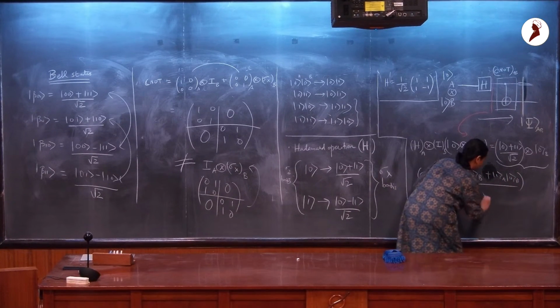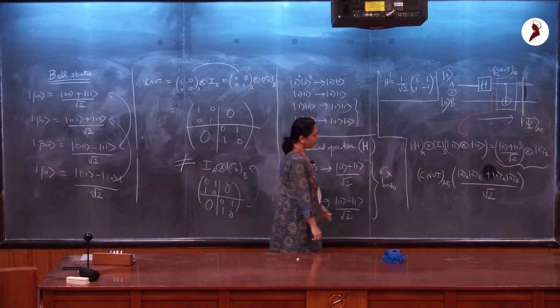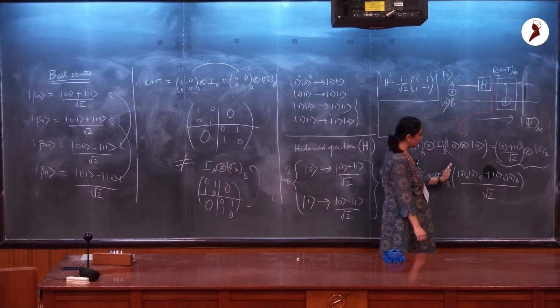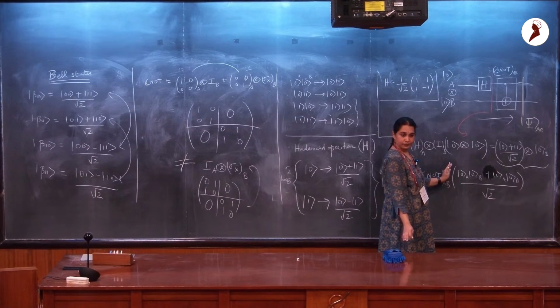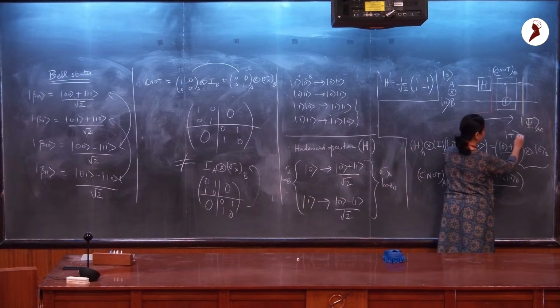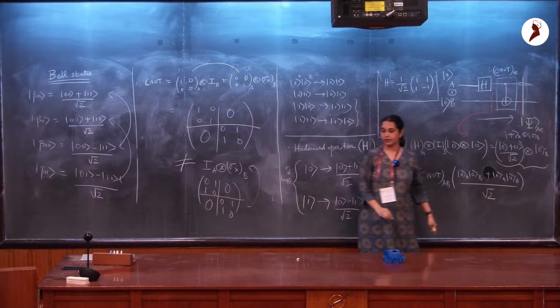And I have this 1 over root 2. And now the action of the C naught becomes something non-trivial, okay? Note that even until this step, I'm not entangled. I have not entangled anything because this is just ket plus in A, tensor 0 in B, right?